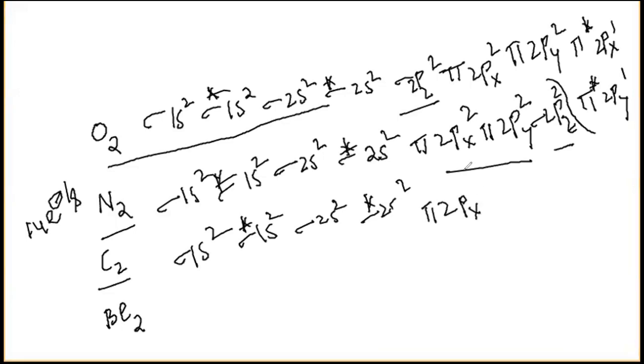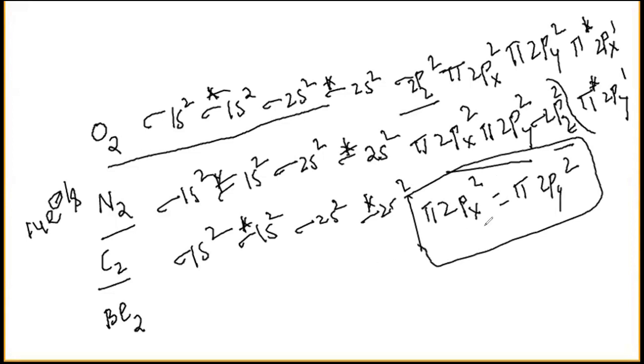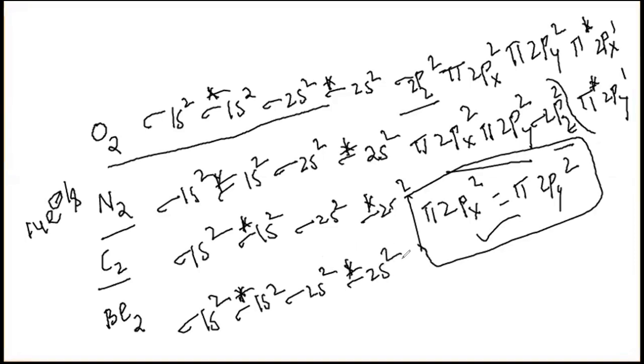Here, what they asked in the question is the one which involves only pi bonding. For Be2, it is sigma 1s2, sigma star 1s2, sigma 2s2, sigma star 2s2, and nothing beyond this. Only for C2 can we select the involvement of pi electrons.